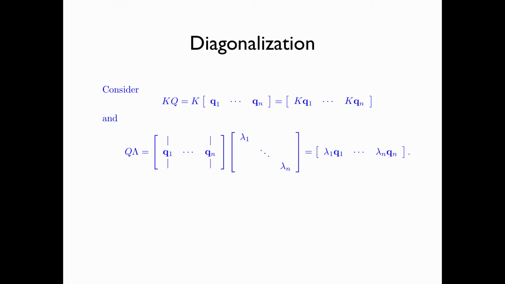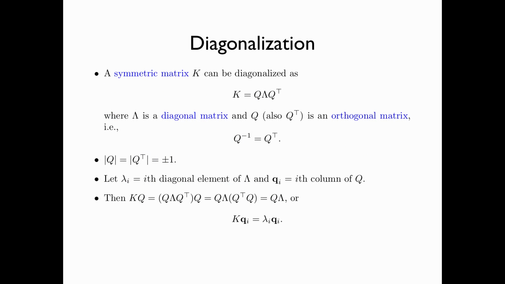We then obtain the columns lambda 1 Q1, lambda 2 Q2, all the way to lambda n Qn. Upon equating the columns of KQ and Q lambda, we see that KQ1 is equal to lambda 1 Q1, and so on and so forth, or KQi is equal to lambda i times Qi for all i. That is, Qi is an eigenvector of K with eigenvalue lambda i.